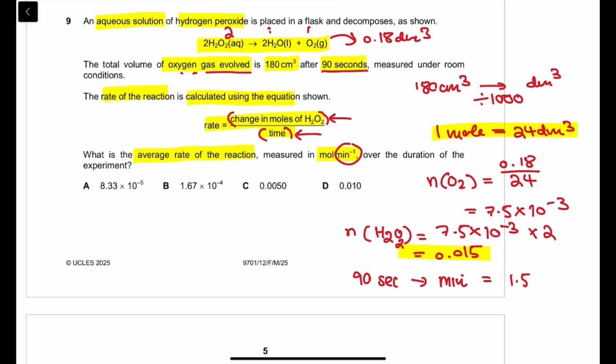To go from seconds to minutes, we need to divide by 60. So our minutes is equal to 90 over 60, which is equal to 1.5. Then our rate is going to be equal to 0.015, which is the number of moles, divided by 1.5, which is equal to 0.01. Therefore, our answer is D.